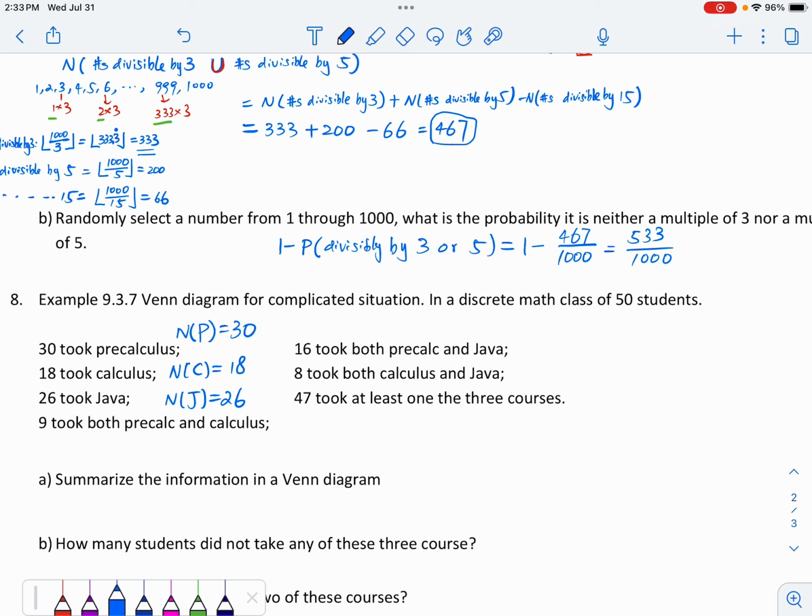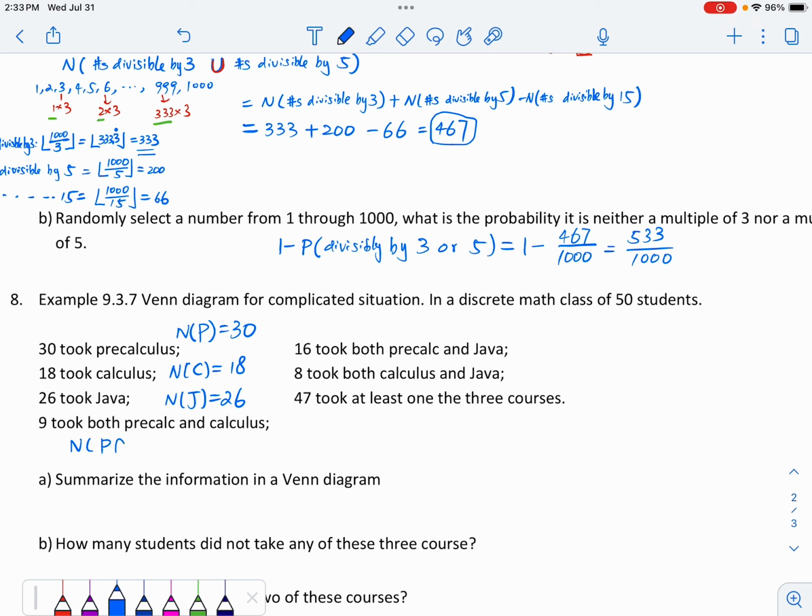And now 9 took pre-calc and calculus. So both, that means the number of students who took pre-calc and at the same time calculus, that's where the intersection comes in.